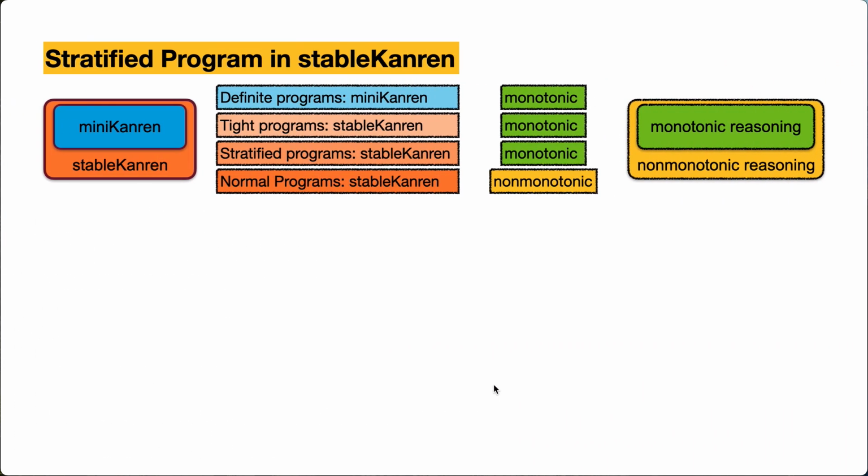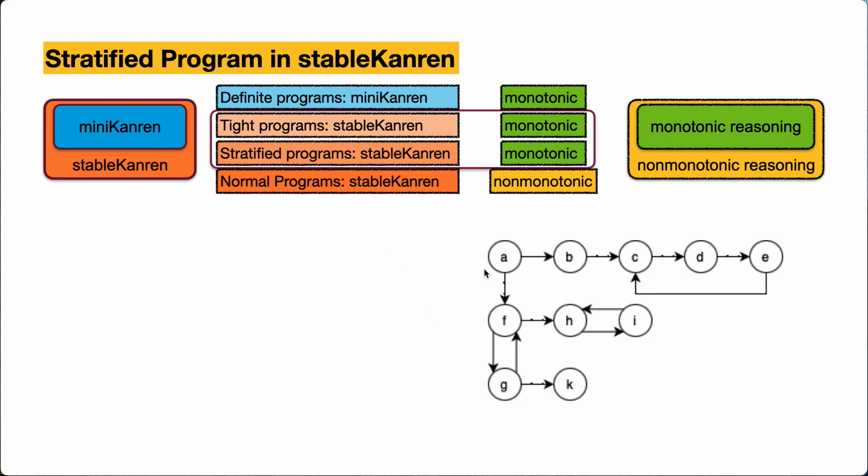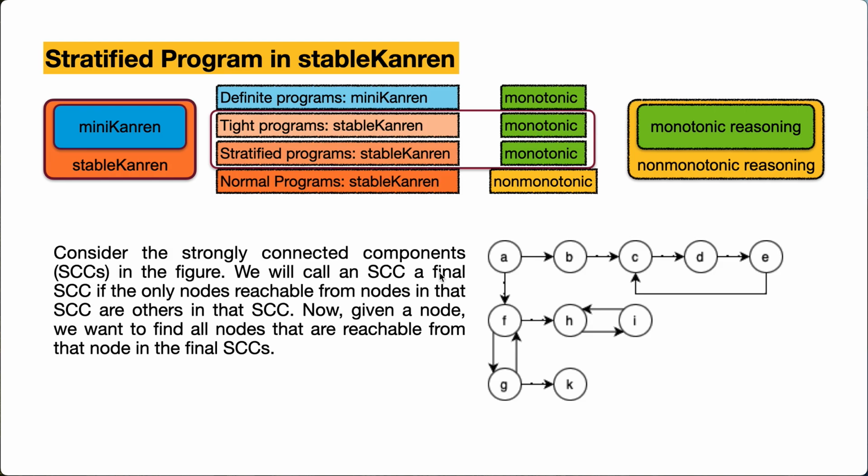Then the second one is, how about we try to run some programs on stratified programs. Here is one example, final SCC. Consider the strongly connected components, SCCs, in these figures. We call an SCC a final SCC if the only nodes reachable from nodes in that SCC are in the SCC itself.